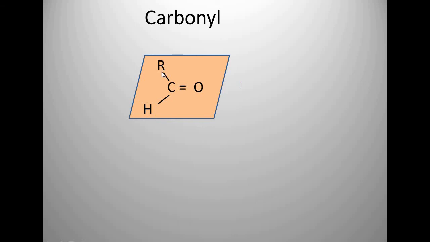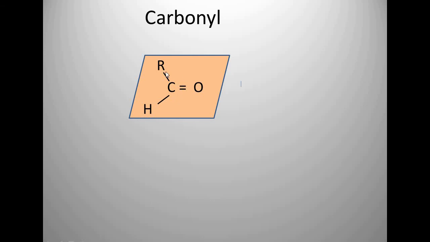Next is the carbonyl group. Carbonyl is a functional group denoted by RCOH. If we replace this R with an alkyl chain, then it is an aldehyde. If we replace this R with an alkyl chain and this H also with an alkyl chain or R, then we can say it is a ketone. Likewise, it is a carboxylic acid also.